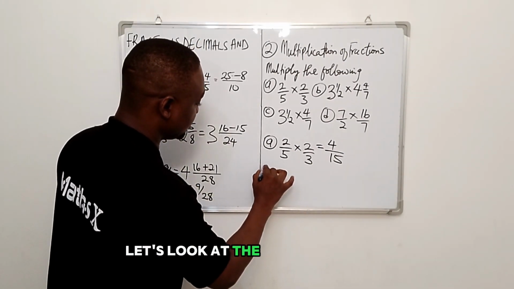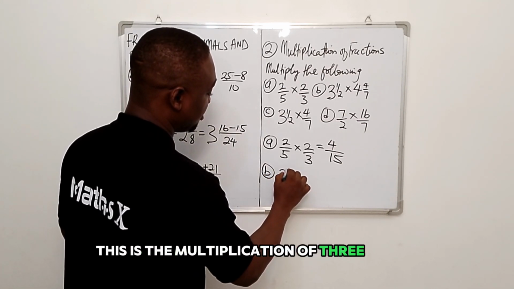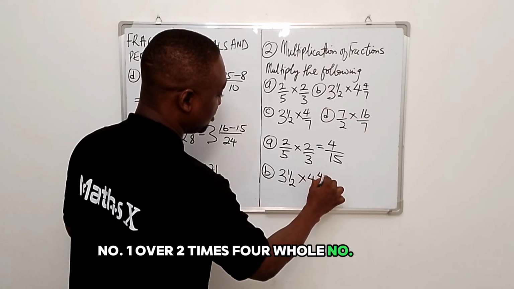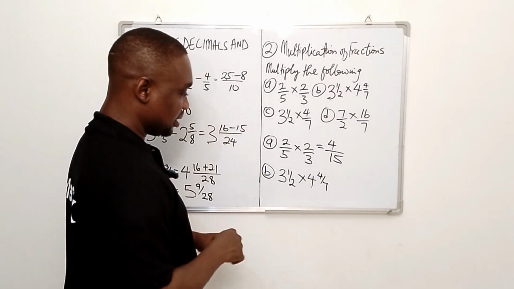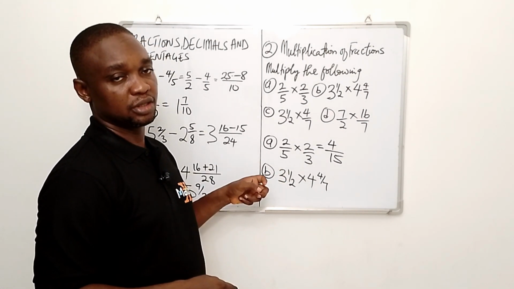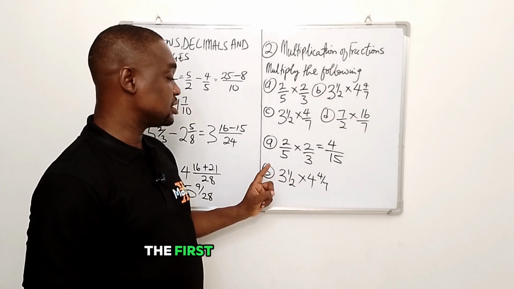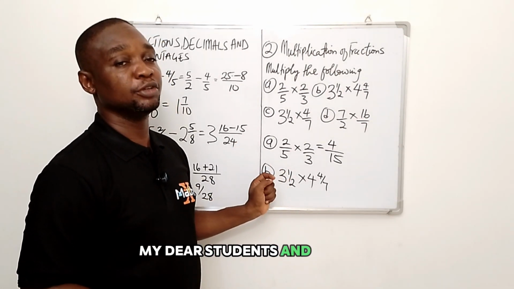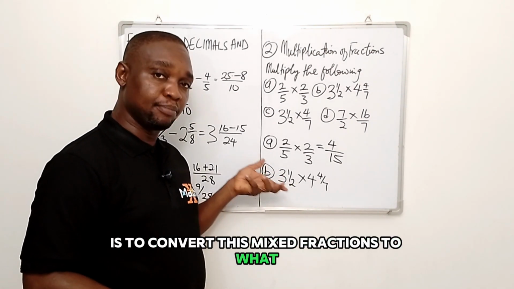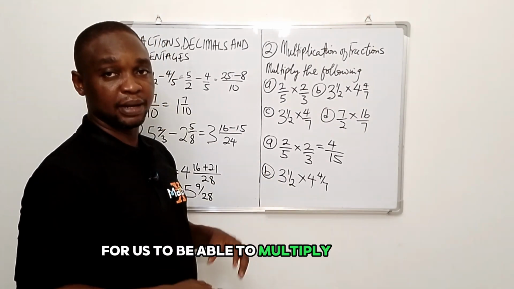Let's look at the second example. This is the multiplication of 3 whole number 1 over 2 times 4 whole number 4 over 7. This is the multiplication of two mixed fractions. For this multiplication to take place, the first thing we need to do, my dear students and viewers, is to convert these mixed fractions to improper fractions, for us to be able to multiply with them.